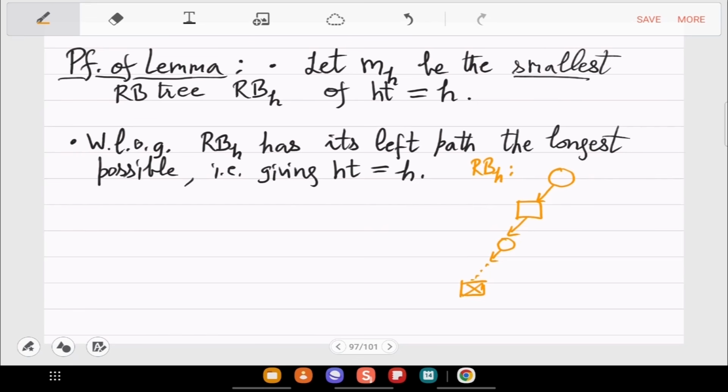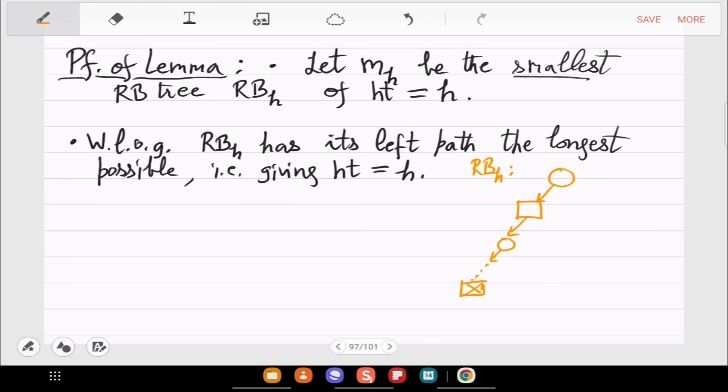Okay, and now the other paths to the other leaves could be length H, or they could be smaller. And since we want to minimize the size, most of them should be smaller. Right? If you make all of them length H, you will get a complete tree which will be very big. But RB sub H has to be the smallest tree.